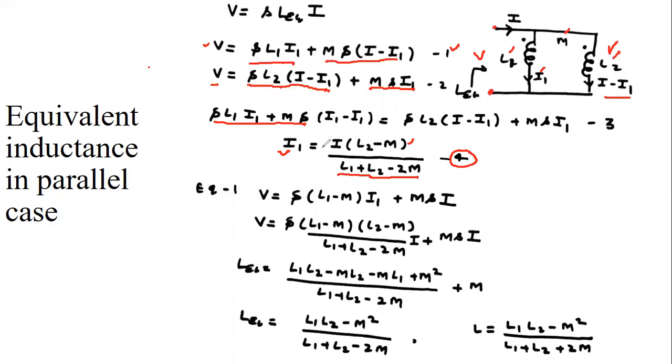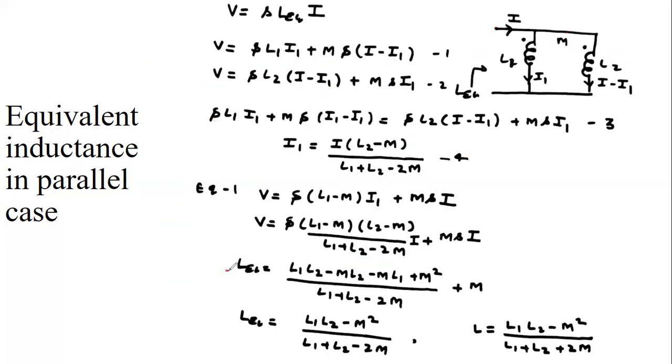When we put the value of I1 in equation 1, it can be rewritten as V equals (L1 minus M) S I1 plus MS I. Now putting in the value of I1, my equation becomes V equals (L1 minus M) times (L2 minus M) upon (L1 plus L2 minus 2M) into SI plus MS into I. So what is the total equivalent impedance? V equals L equivalent into S into I.